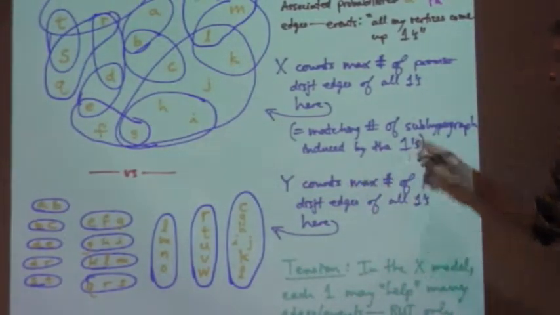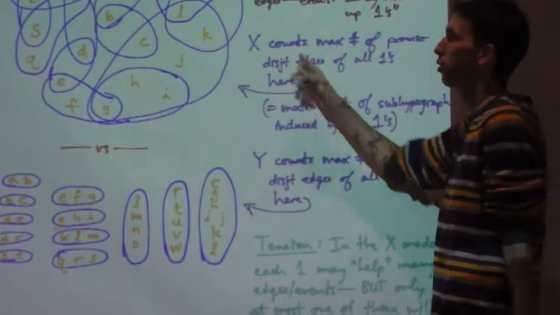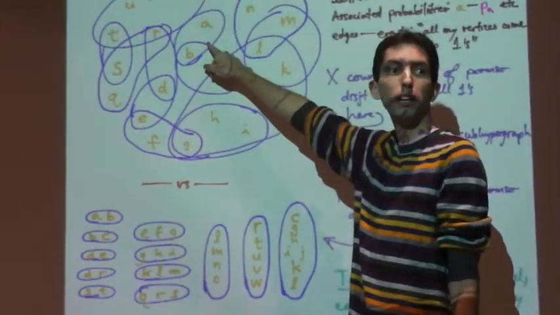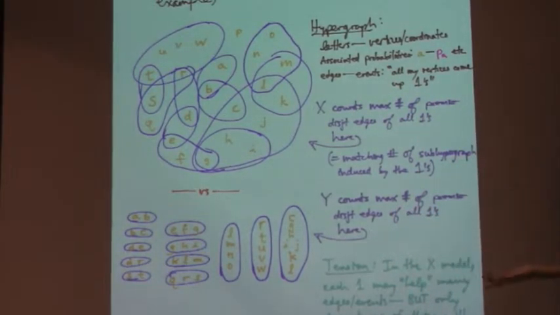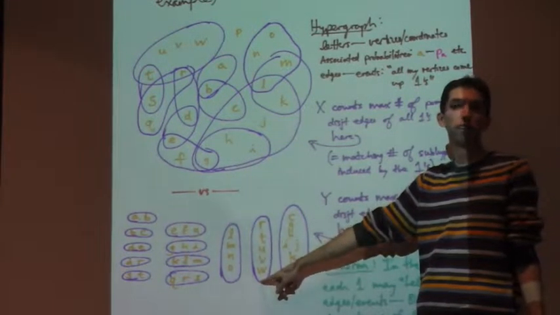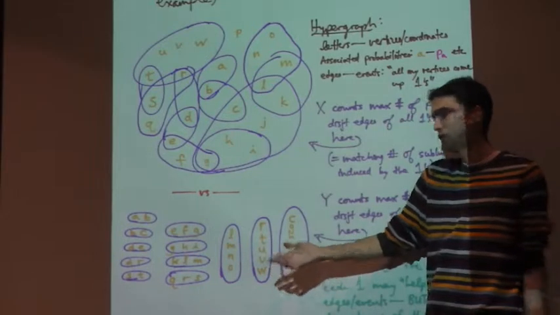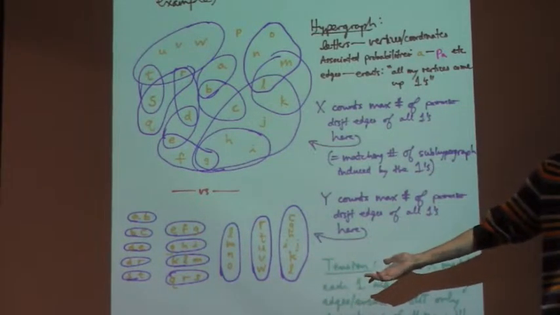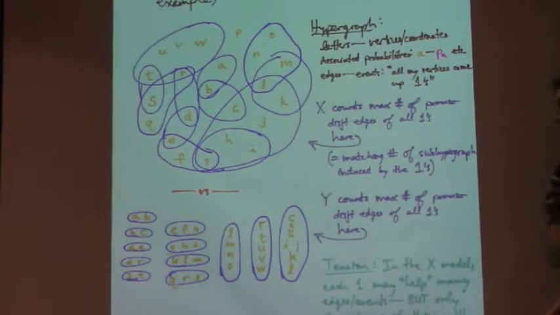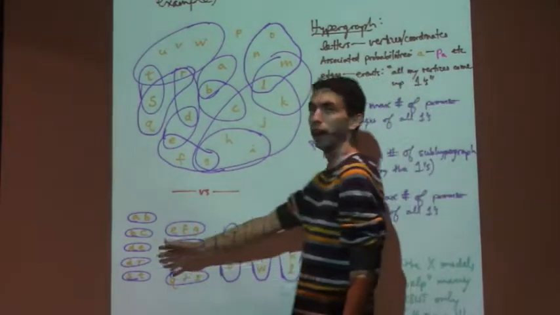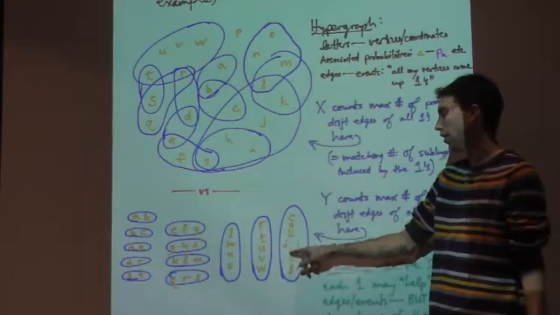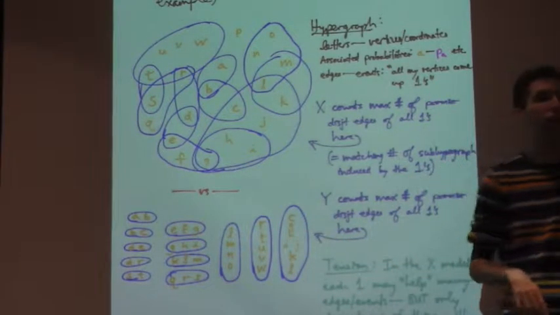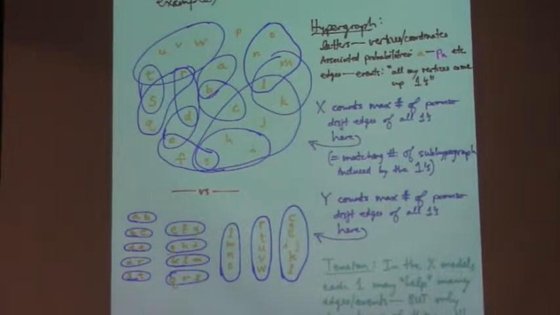So X is counting the matching number among the edges that came up all 1s in this hypergraph. Y is counting the matching number among the edges that came up all 1s in this hypergraph. It's sort of silly to put it that way, but that's what it's doing. It's just how many of these edges do you get, where getting an edge means getting all the vertices in the edge.